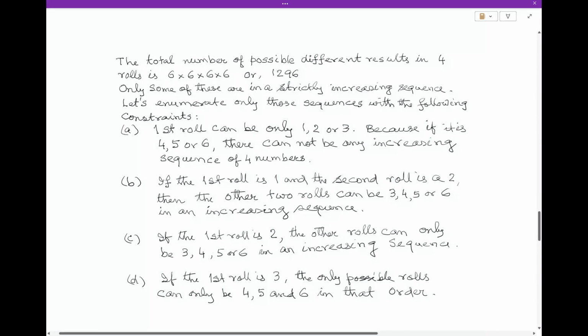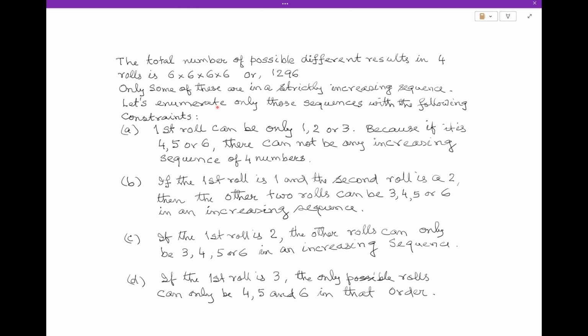Okay, now let us discuss the second method. The total number of possible different results in 4 rolls is 6 multiplied by 6 multiplied by 6 multiplied by 6, that is equal to 6 to the power 4, and that is 1296.